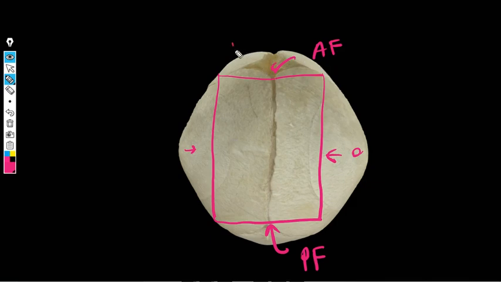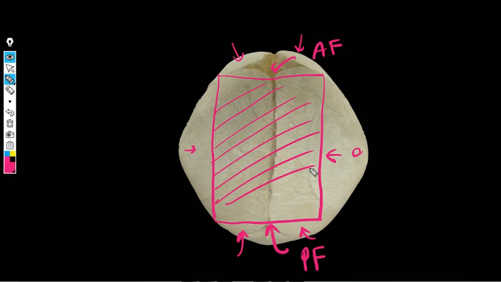Anteriorly it's also bound by the coronal sutures, and here the lambdoid sutures. So this very part is called the vertex. You understand?